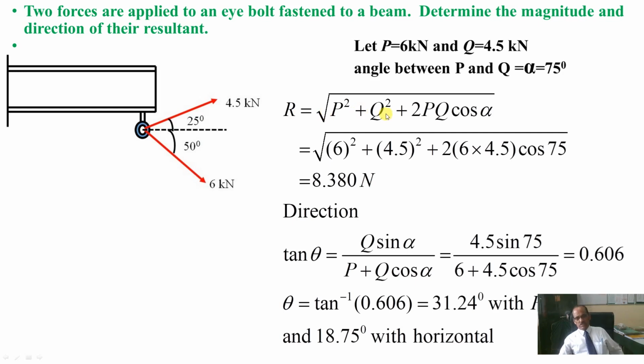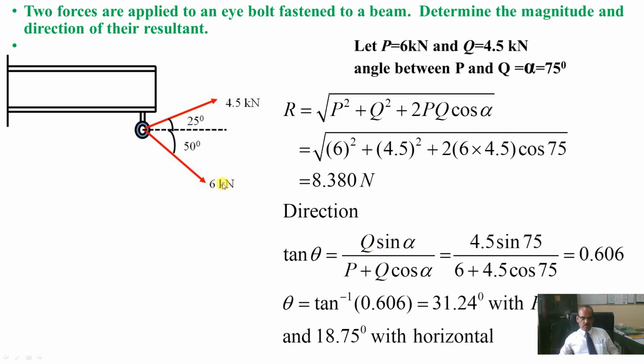R equals the square root of P square plus Q square plus 2PQ cos alpha: 6 square plus 4.5 square plus 2 into 6 into 4.5 cos 75. You will get the resultant 8.380 Newton. Similarly, you can find the direction, tan θ equals Q sin alpha.